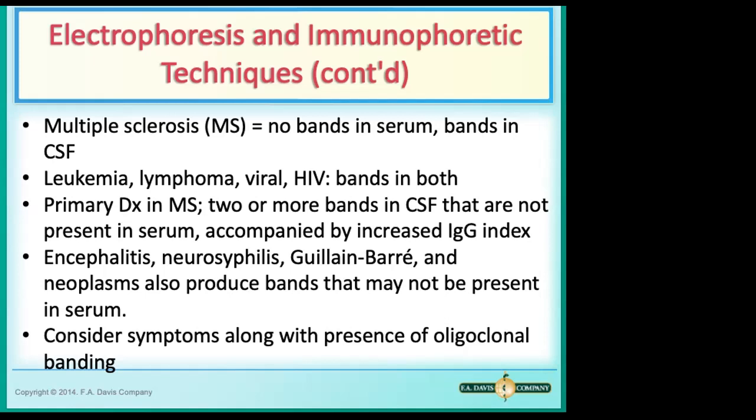So we consider oligoclonal bands, but we also combine whatever we find in the serum and in the CSF along with the clinical picture of the patient. So the history and what's going on with the patient really help to determine what the probable condition is for the patient. People that have leukemias, lymphomas, viral infections, HIV will show bands in both the serum and in the CSF.